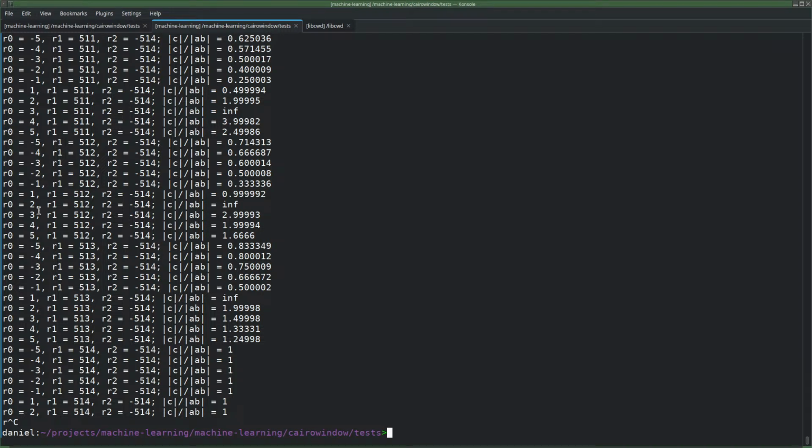Yeah, I think this is a good example. But as you can see, R1 and R2 are of opposite sign and almost equal. Preferably, they differ exactly the size of R0. So if you add all of them, then you just get 0, which then you divide by 0. So the absolute value of C is definitely not going to be much less than AB.